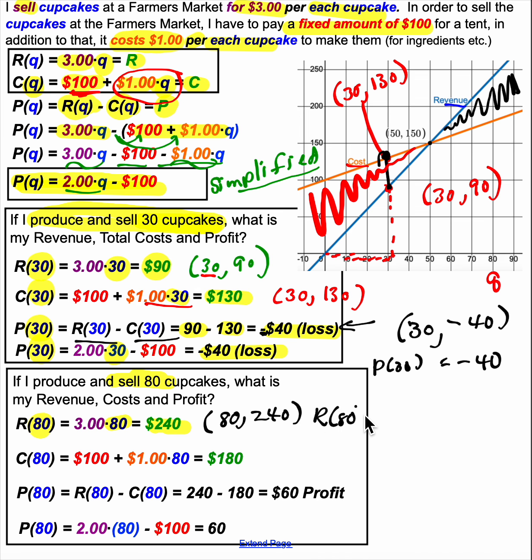R of 80 is equal to 240. That's in function notation. This is as an ordered pair. I can actually find it over here. When I produce and sell 80 items, I'm going to come over to my quantity of 80, and I'm going to go all the way up until I hit the graph right here. And if I were to follow that over, that would be the point 80, 240.